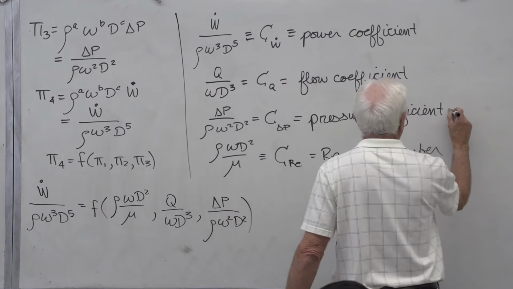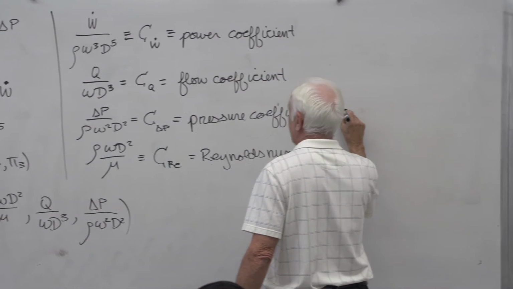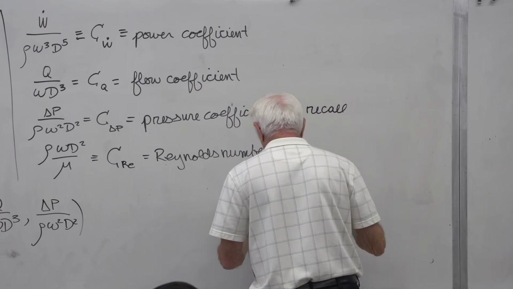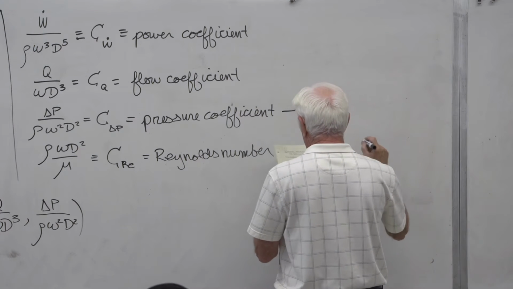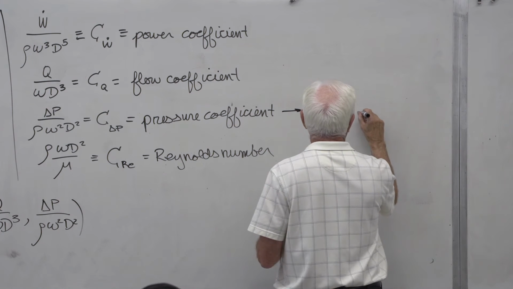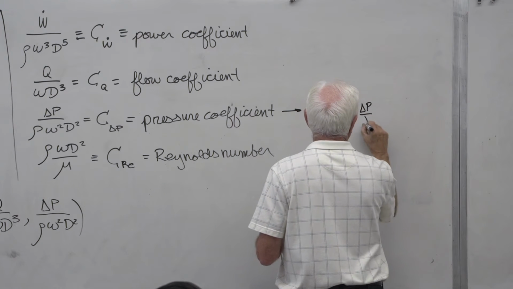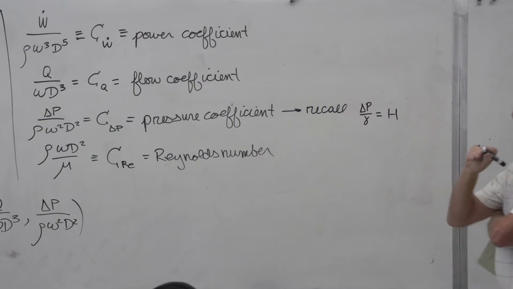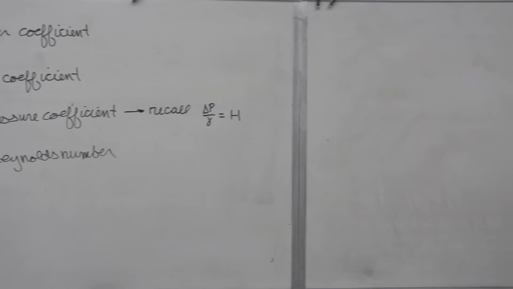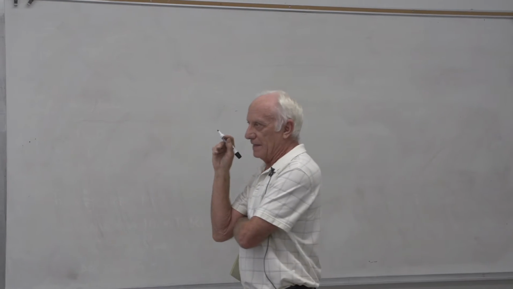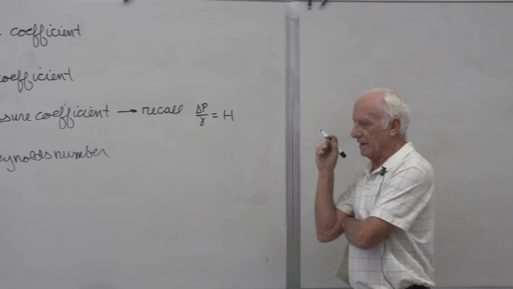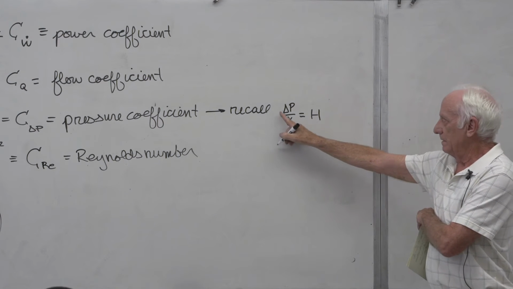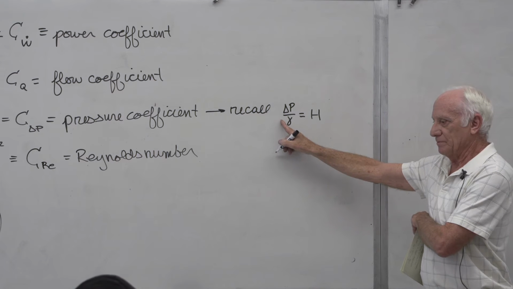So pressure coefficient, we say here, recall that our delta P over gamma is equal to pressure head in the energy equation, the Bernoulli equation. That term in there is delta P over gamma. What's the units of that guy? Feet, pounds per square foot, pounds per cubic foot.